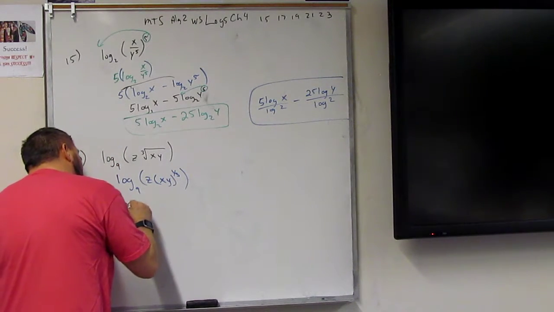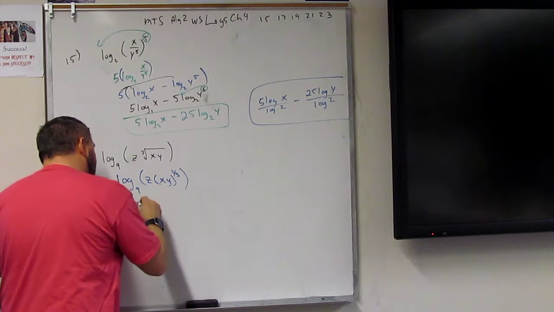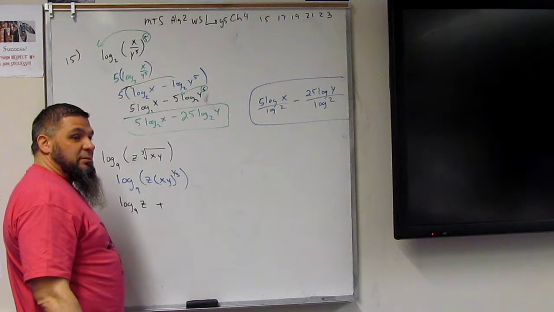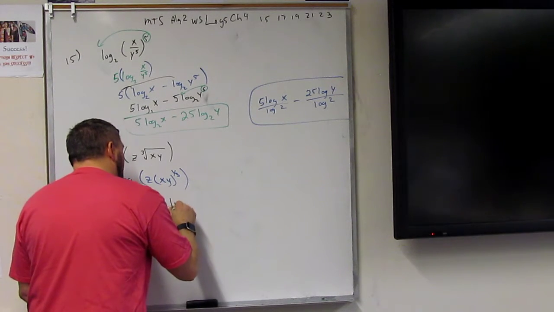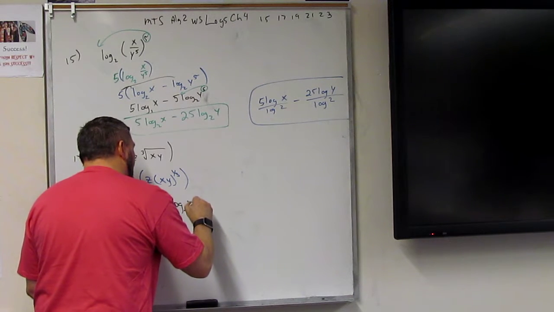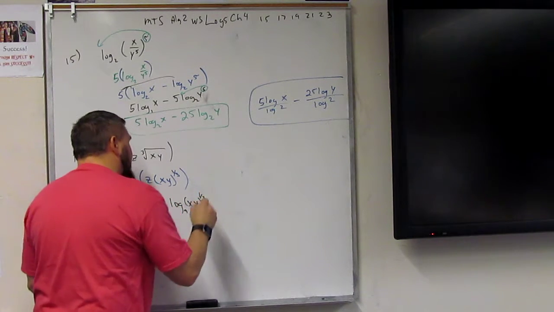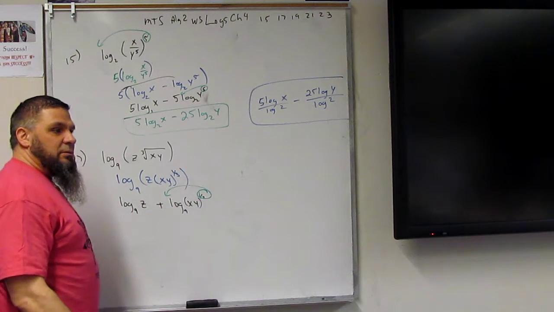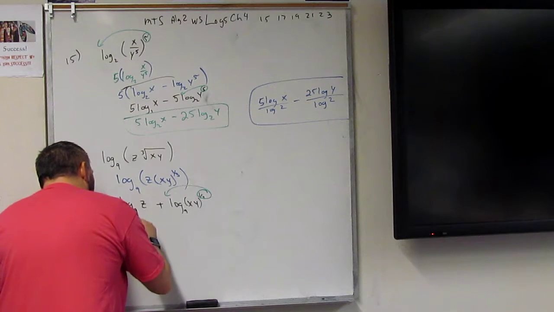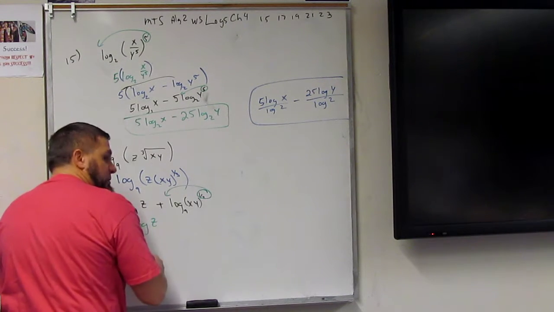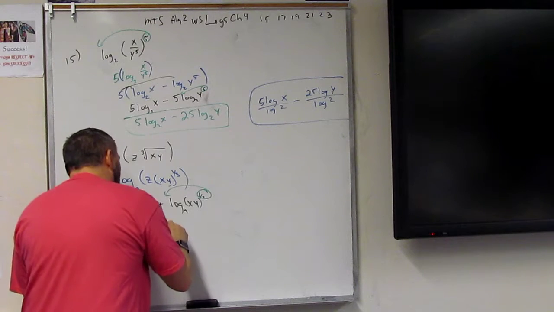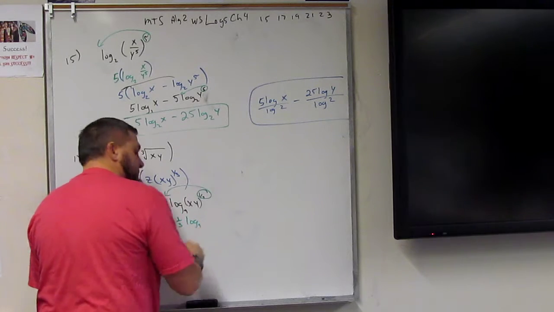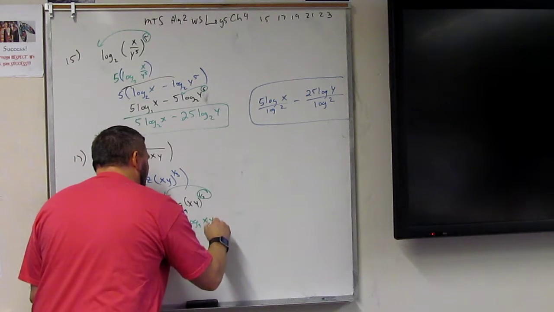Now I can say log base 9 of z times means plus, right? Plus log base 9 of xy to the 1/3. Now I can take that 1/3 and move it out front, right? So I can say log of z base 9 plus 1/3 log base 9 of xy.